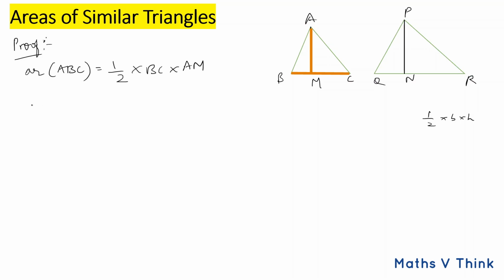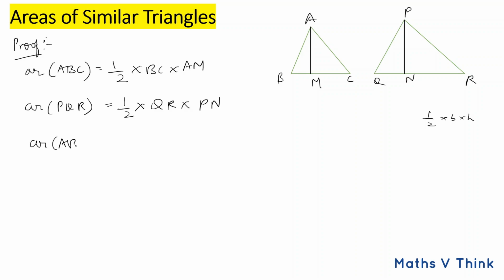Same way, area of triangle PQR is equal to half into base QR into height PN.